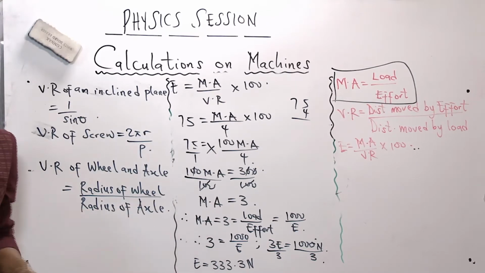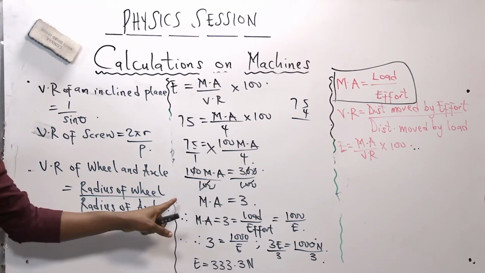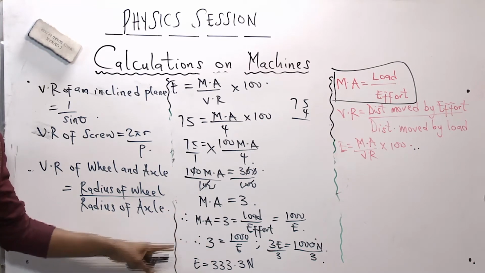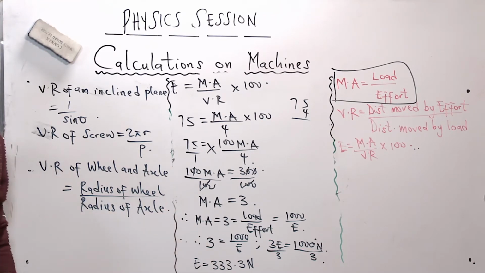We'll be concentrating on the machines being tested in examination bodies. The wheel is the bigger one, with the bigger radius, while the axle is the one with the smaller radius.